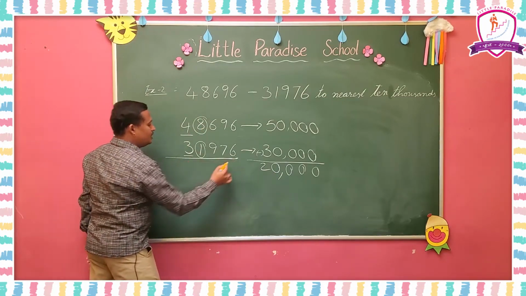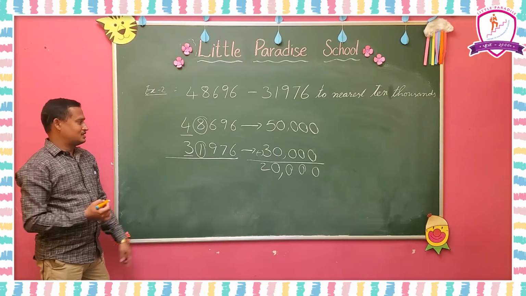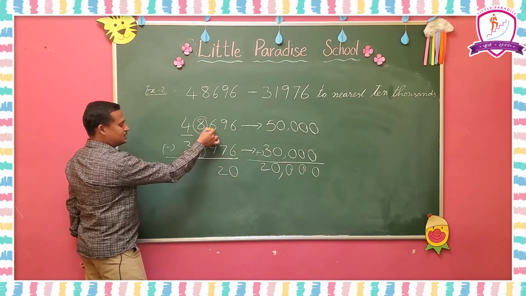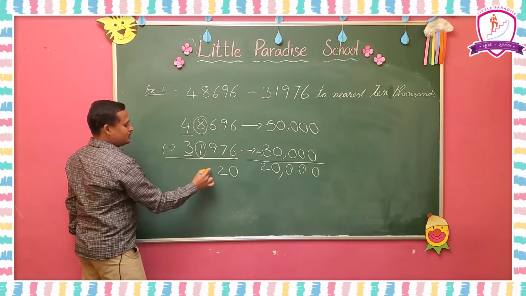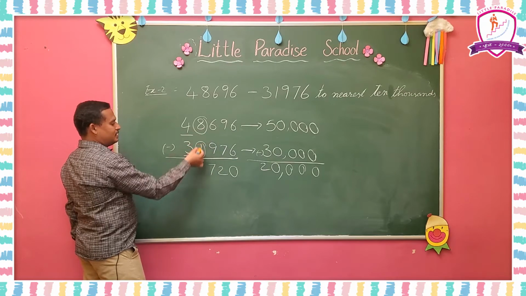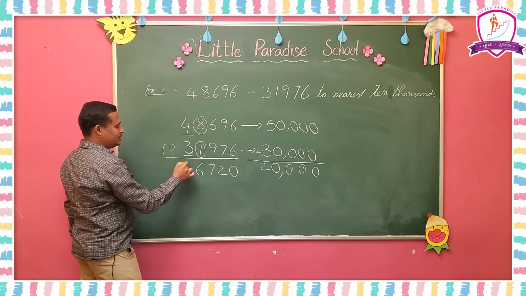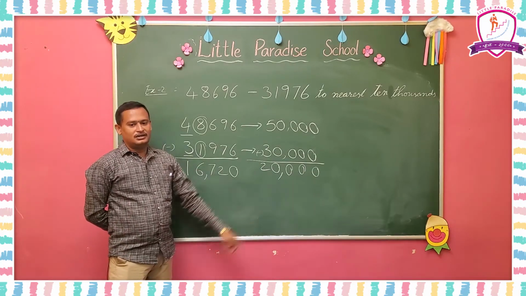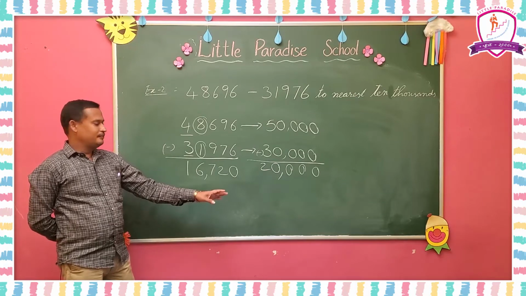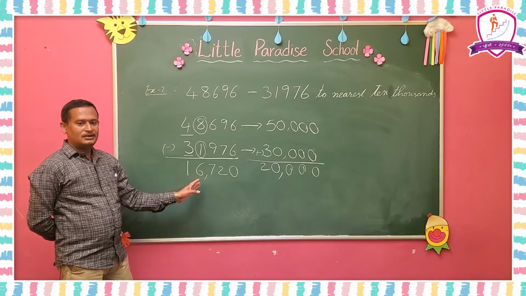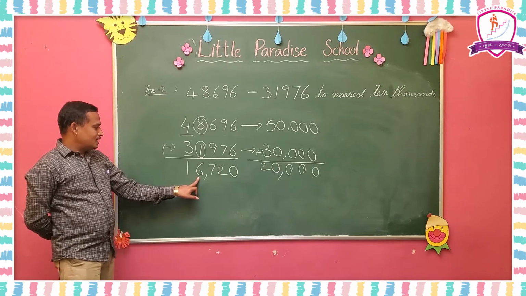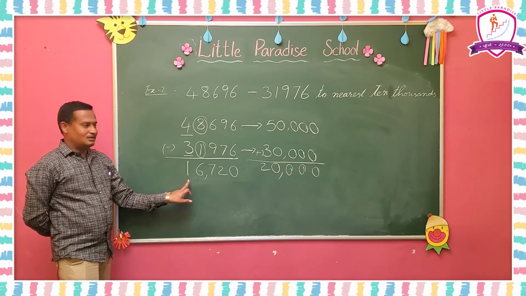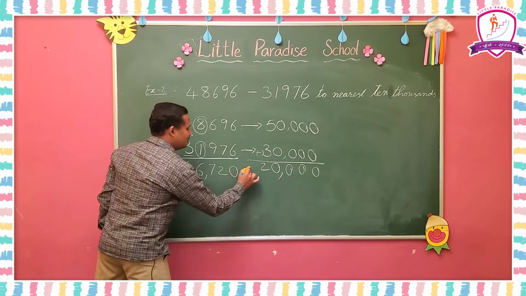Here you can also find the actual difference by subtraction. The actual difference: 6 minus 6 is 0, then 16 minus 9 is 7, 7 minus 1 is 6, and 4 minus 3 is 1. So you got 16,720 here, and 20,000 there. The actual difference is near the estimate. What is the number in the thousands place? 6 is there, so it will become 20,000. So this is the estimated value.